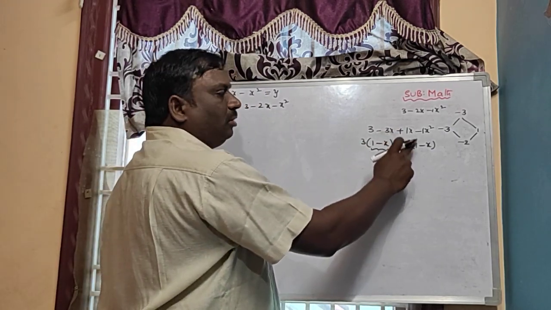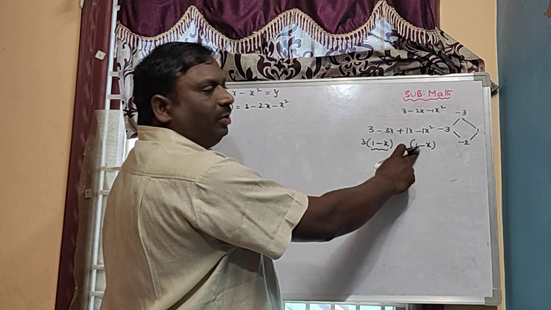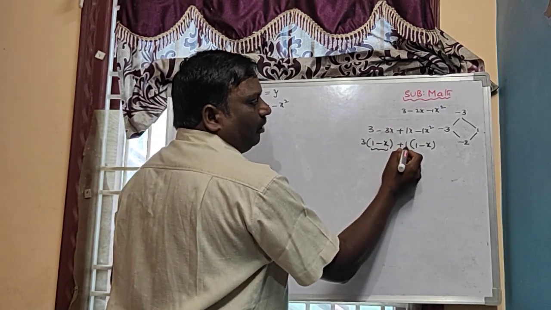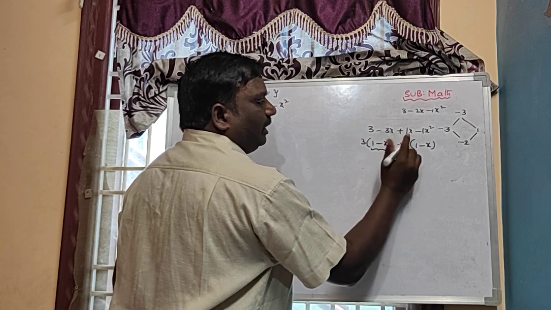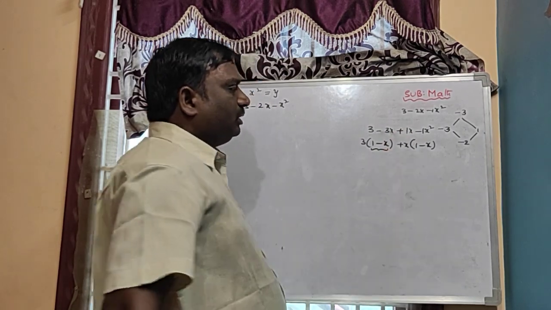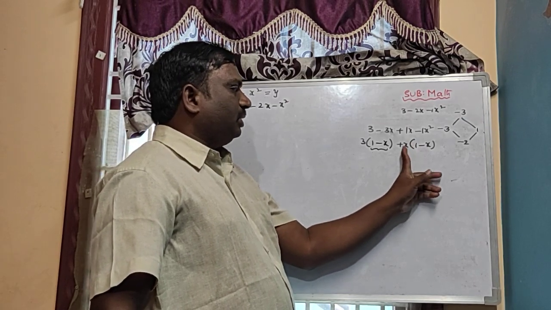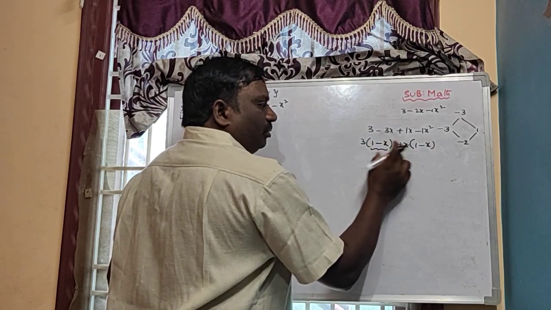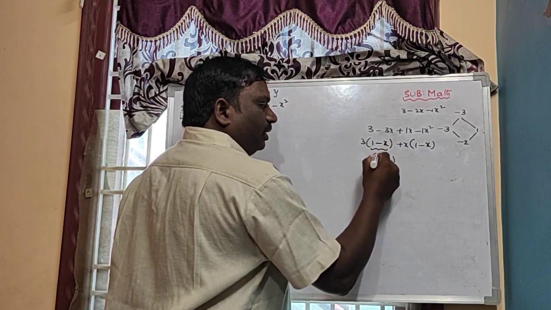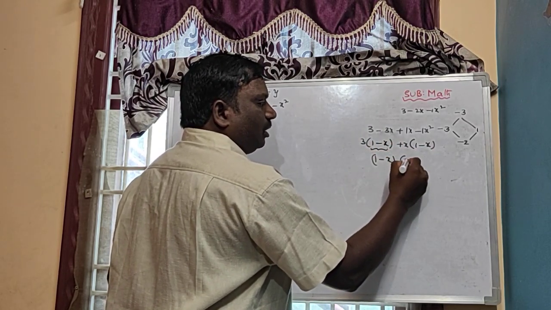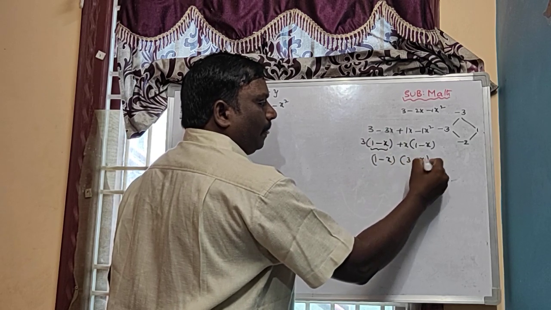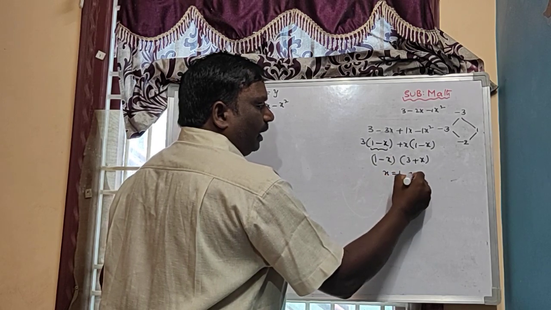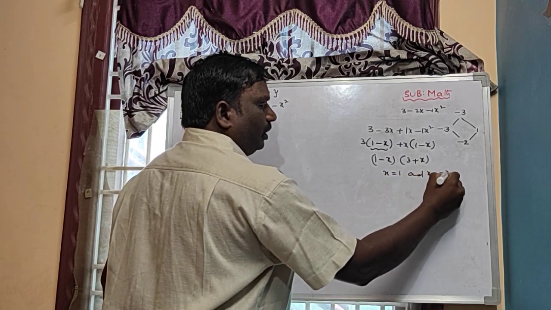What number do we have to multiply with 1 to get the third term? If you multiply with x, we'll get the third term. x into 1 is 1x, minus into plus is minus, x into x is x square. From these two terms I'm taking 1 minus x common. If you take 1 minus x common, we get 3 plus x. Therefore the zeros are x equal to 1 and x equal to minus 3.